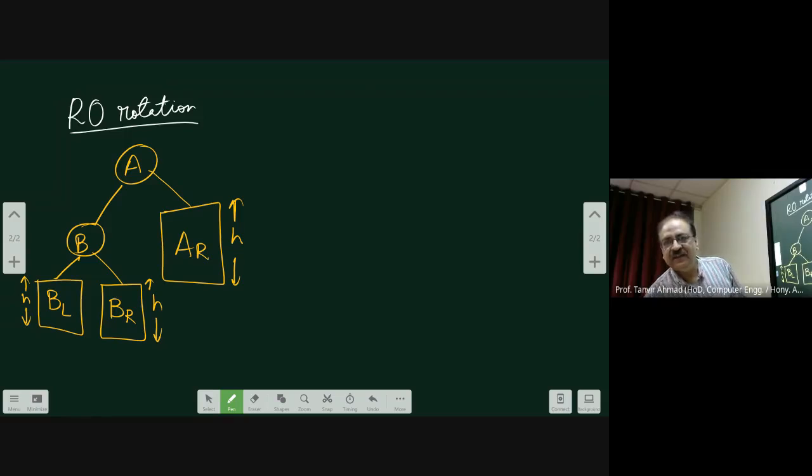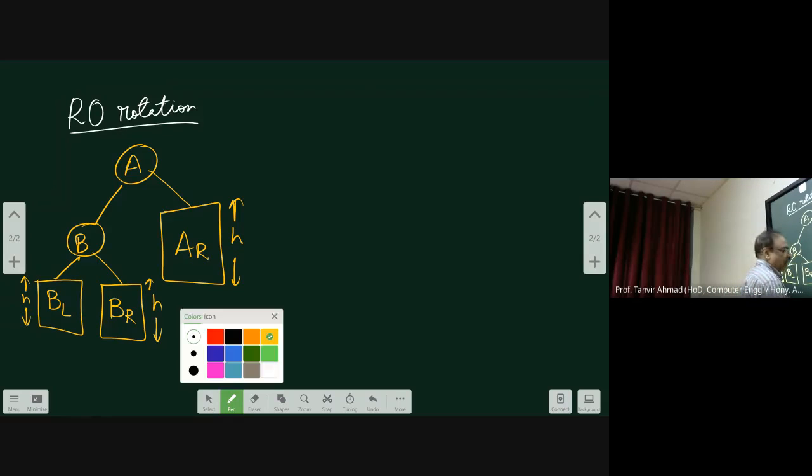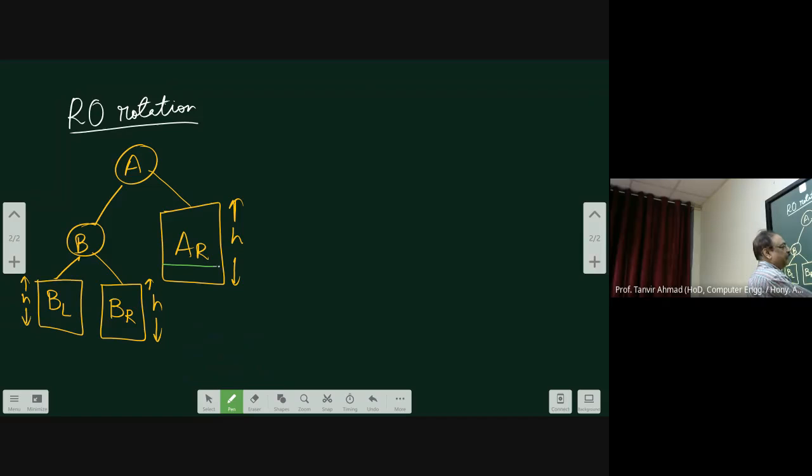That means this case of R0 is the case where you are deleting something from AR. And here I will delete that something from here. And if I delete it, the height becomes h minus 1. And the balance factor of this will become plus 2.